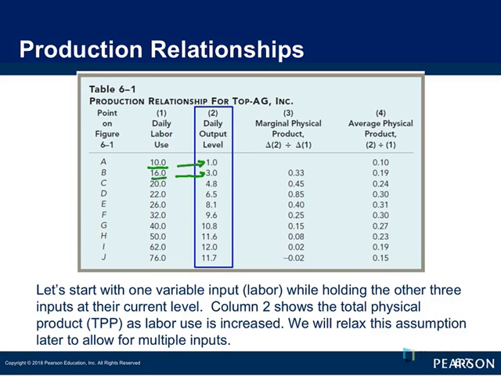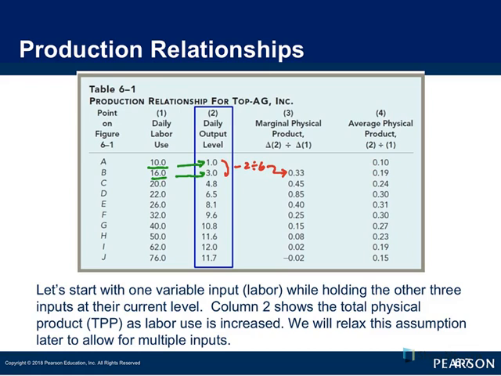So how much did 1 unit increase? Well, 1 unit increased 0.33. So we can take simply the change in output, 2, divided by the change in labor, in this case 6, so 2 divided by 6, and that would give us our marginal physical product.